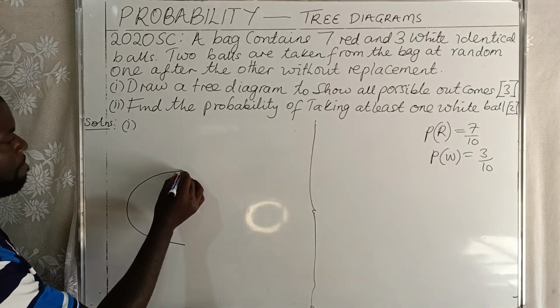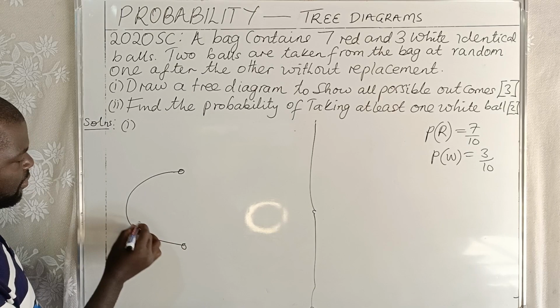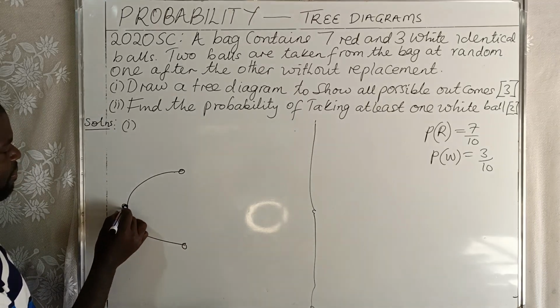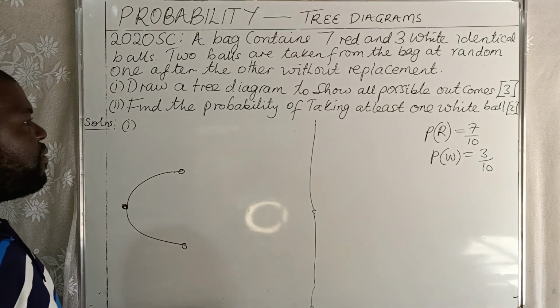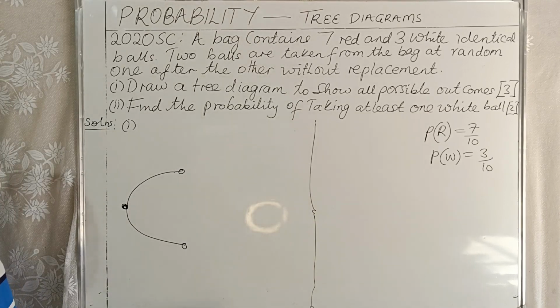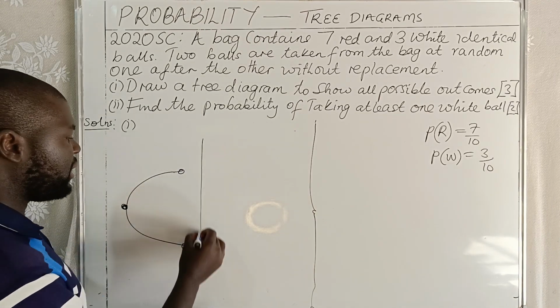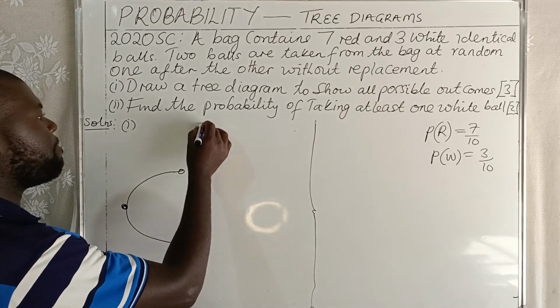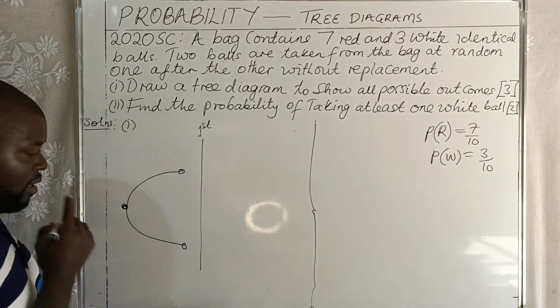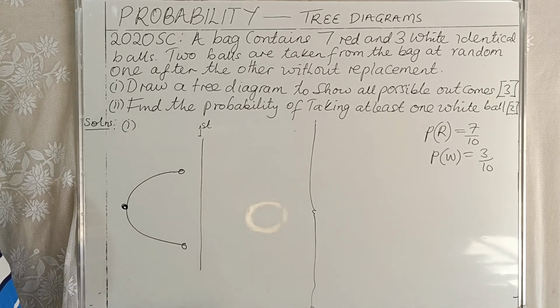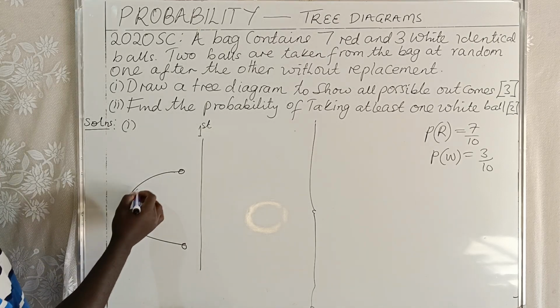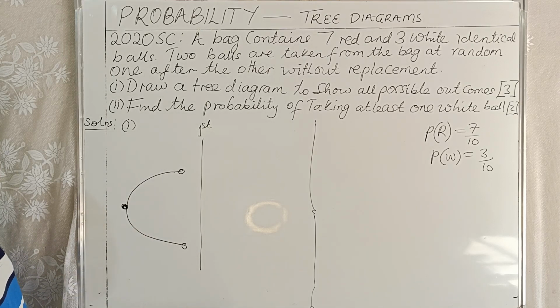We know our tree diagram is going to have 2 branches, this branch and the other branch.